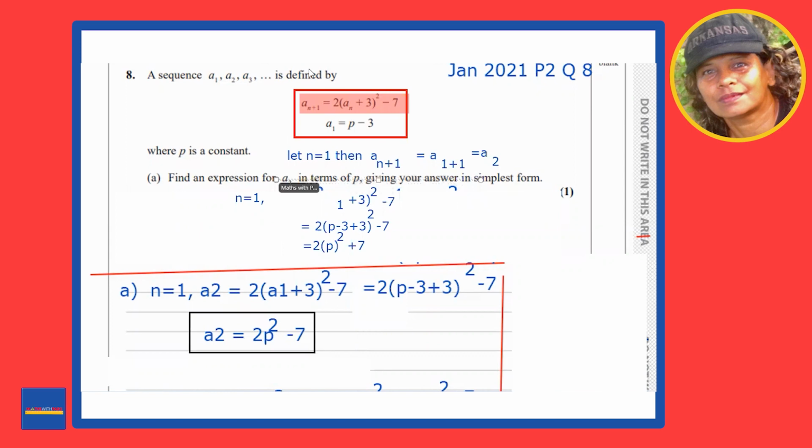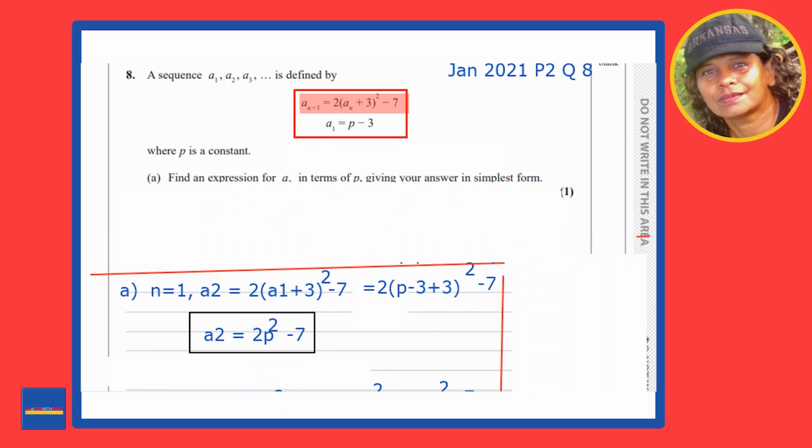This should be a minus 7. So I end up with 2P squared minus 7. So it's just a direct substitution of A1, and we have our answer. I've written it out here as well. N equals 1, A2 is 2P squared minus 7.